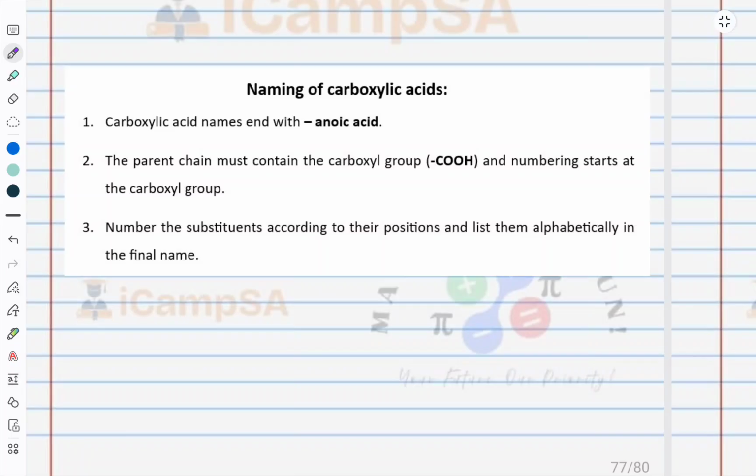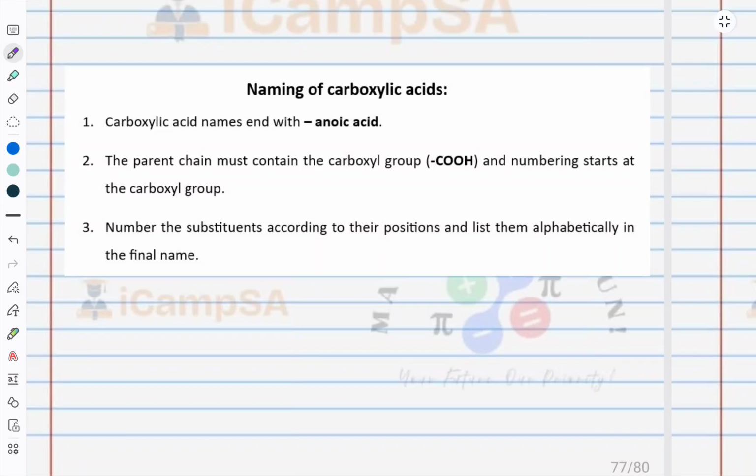In this case, the parent chain must contain a carboxyl group. Otherwise, it's not a parent chain, right? And then again, number 3, we number the substituents according to the positions and list them alphabetically in the final name. So we've seen this rule from alkanes until now, right?